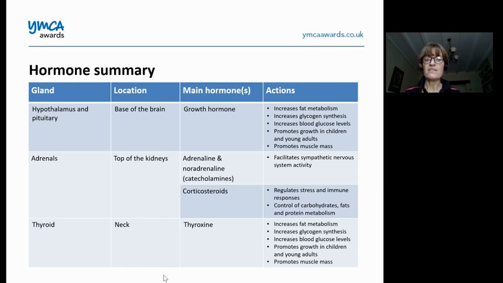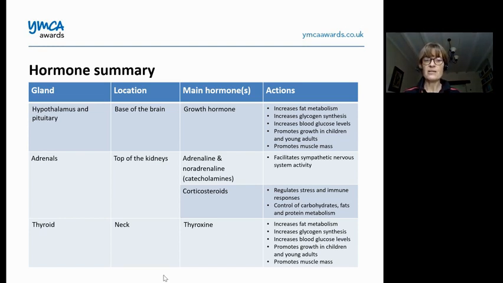These have the effect of stimulating the sympathetic nervous system and all the effects that we learnt about: speeding up of heart rate, of breathing, of diverting the blood to the muscles rather than the digestive system. So that's your fight or flight system, the adrenals.